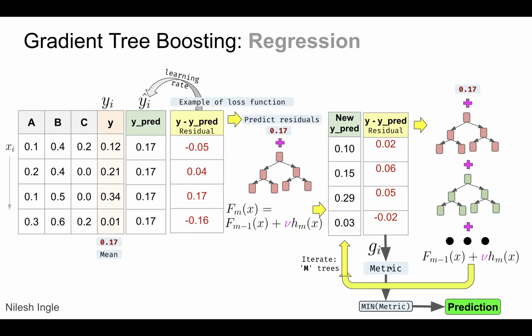And here, the word gradient comes from the fact that in each iteration, what we are trying to do is minimize the loss, and to minimize the loss, we are setting the derivative of the loss function to 0.